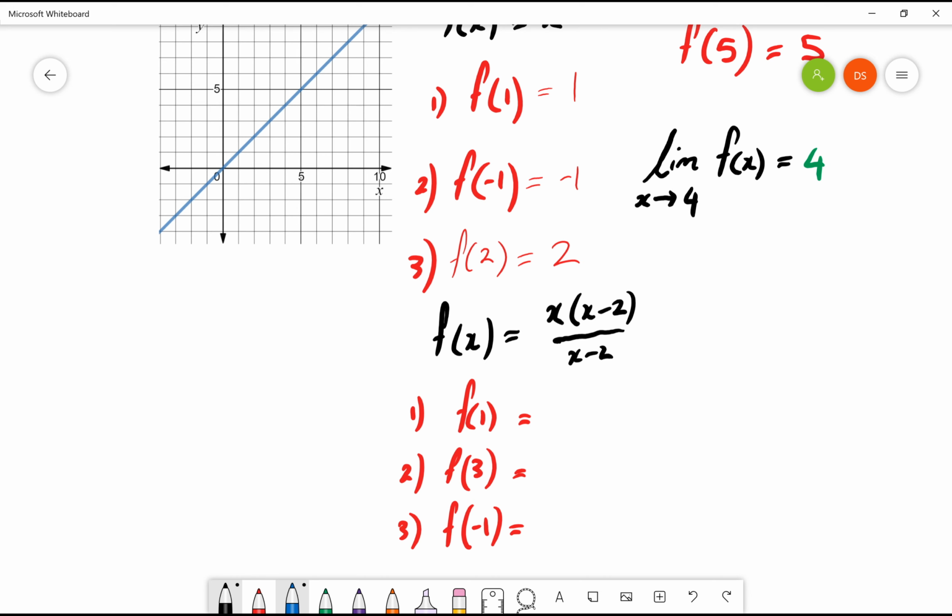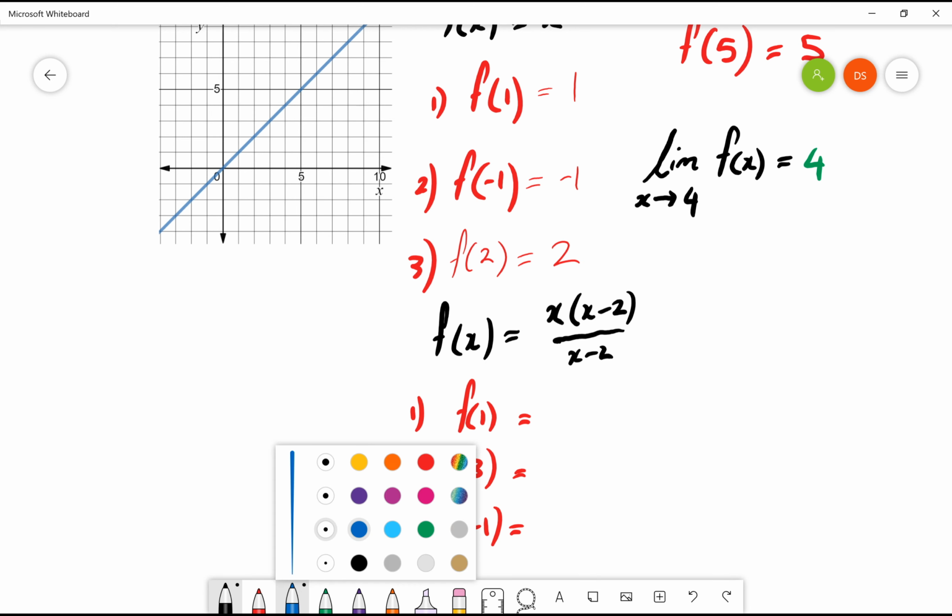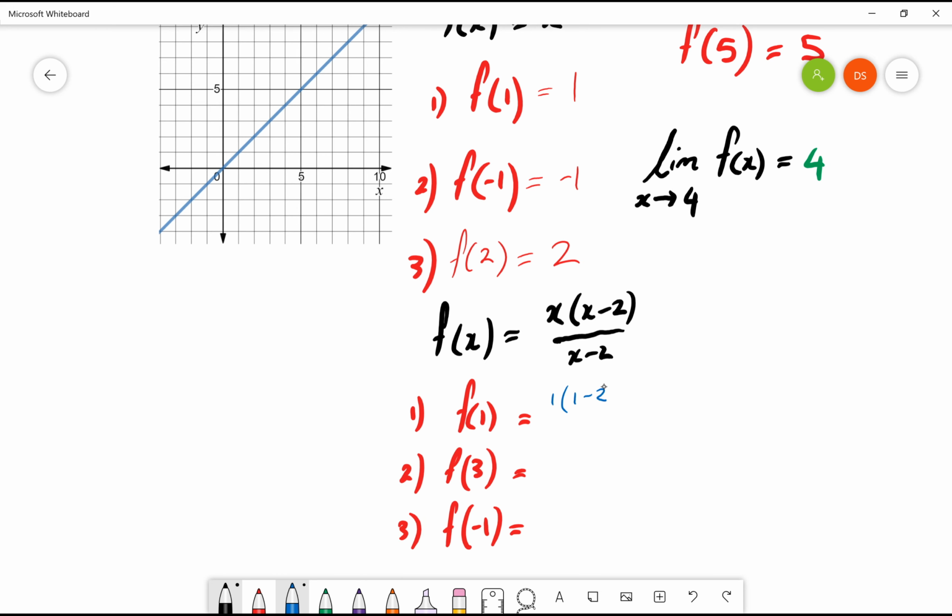Okay, so I'm not hearing anything from you, but I'm assuming you're all plugging in and seeing. So let me plug in some numbers. So let's do f of 1. 1 minus 2 over 1 minus 2. They would be the same.